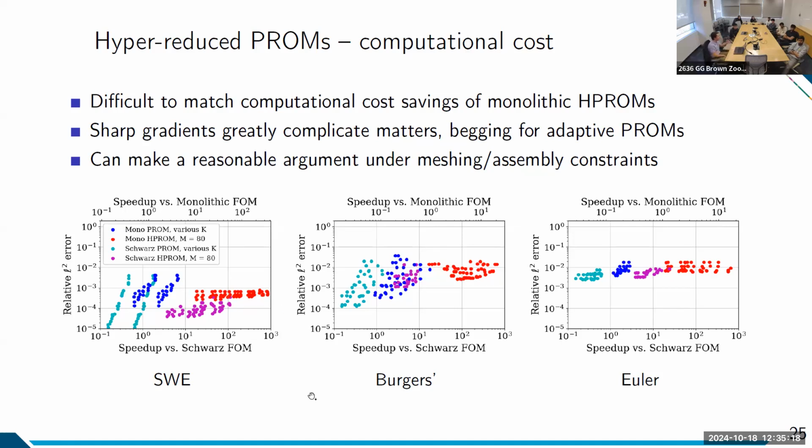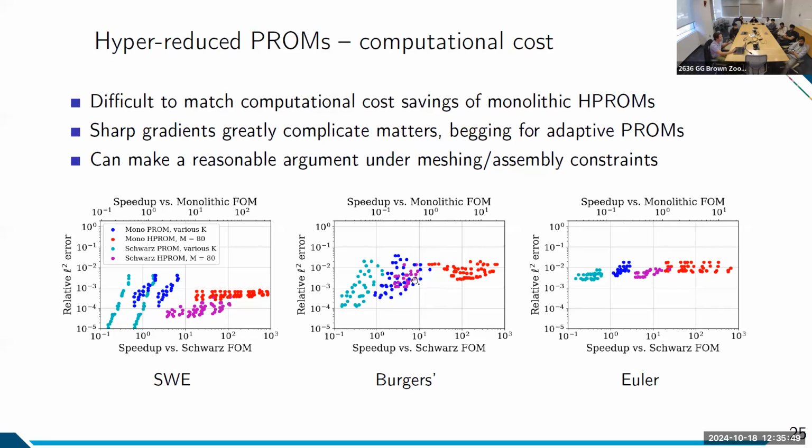For a fixed trial basis size, for smooth problems like the shallow water equations, you can generally achieve a more accurate solution at equivalent cost to the monolithic hyper-reduced ROM. But when you move to shock problems, you will generally achieve a lower error than the monolithic solution, but not the same amount of speedup relative to monolithic solutions.